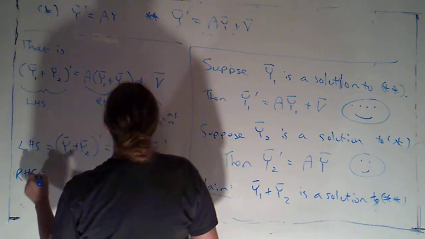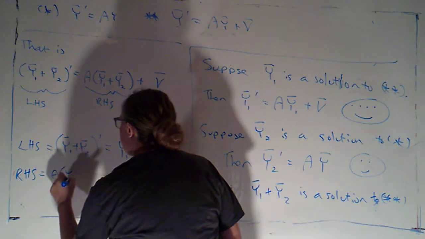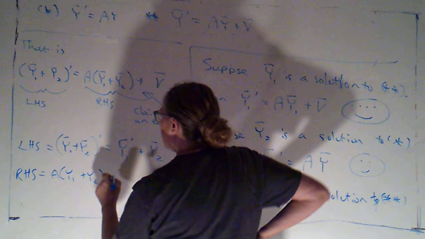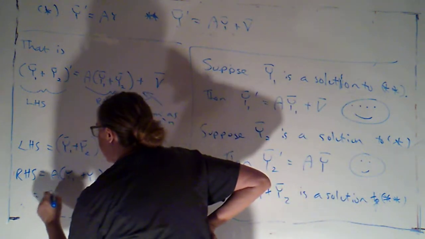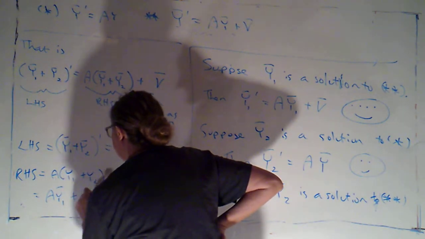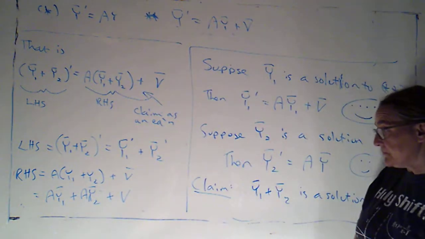The right-hand side is a times y1 plus y2 plus v, and that's equal to a times y1 plus a times y2 plus v. Okay.